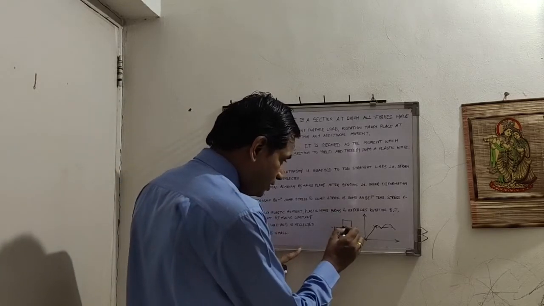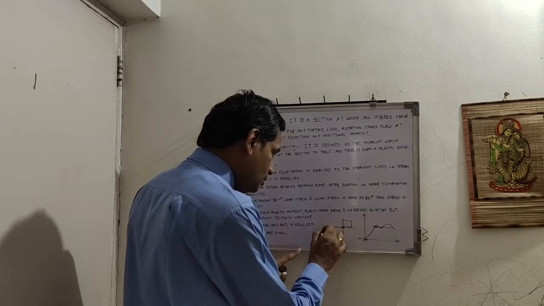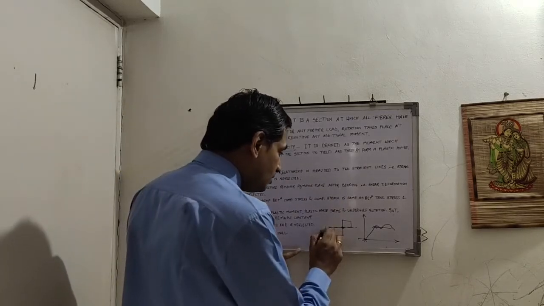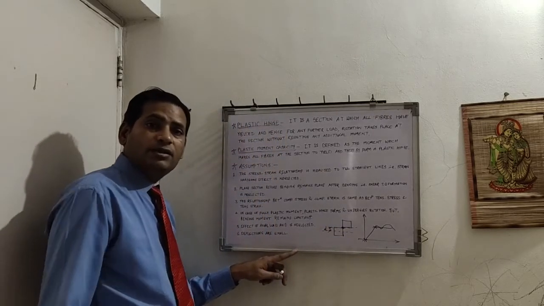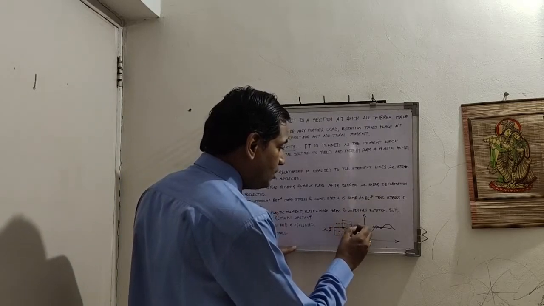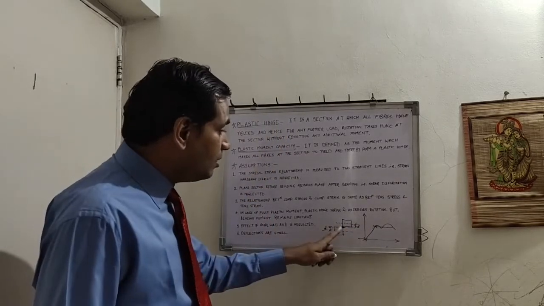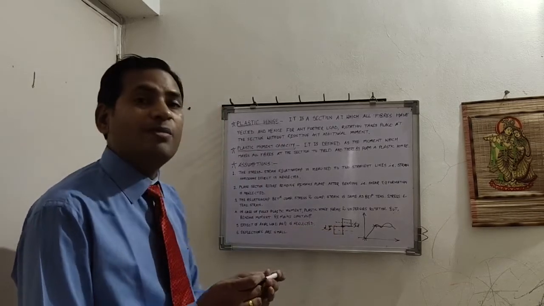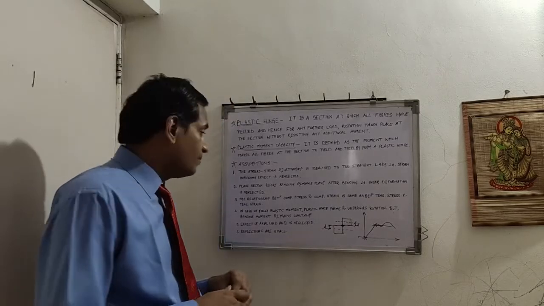If you see here, at a depth d below the neutral axis, whatever stress and strain are developed at this level, the same relationship will be there at a depth d above the neutral axis. It means the area of the section below the neutral axis and above the neutral axis will be the same, but it is applicable only for symmetric cross sections.